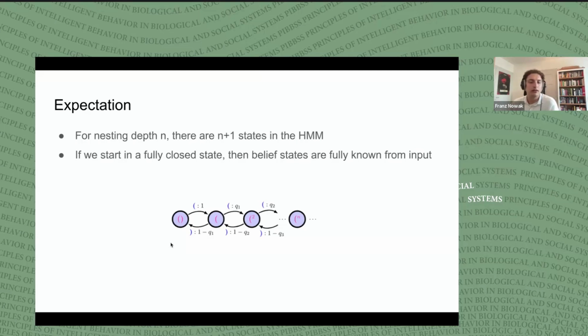That means we start in a fully closed state, on the left here, and from then we always know which state we're in based on what we see, but we require n+1 states to fully express where we are in the sequence, which would also mean we probably need something linear in the number of states to represent these sequences in a transformer.